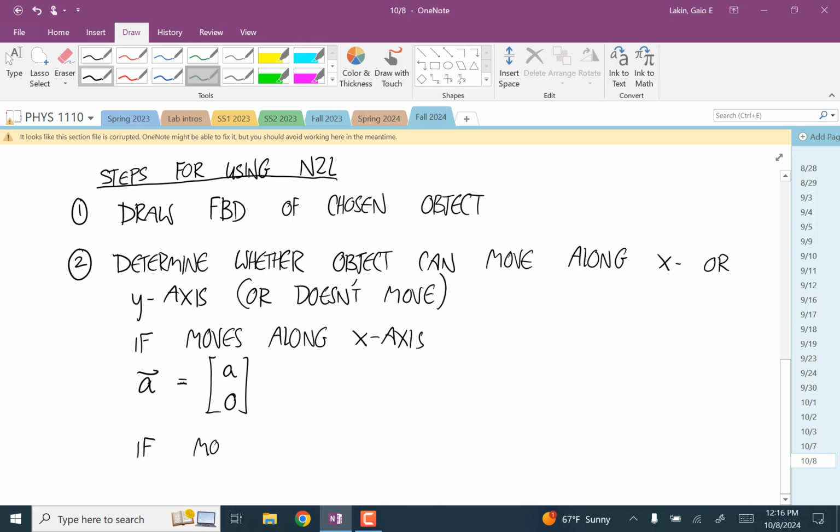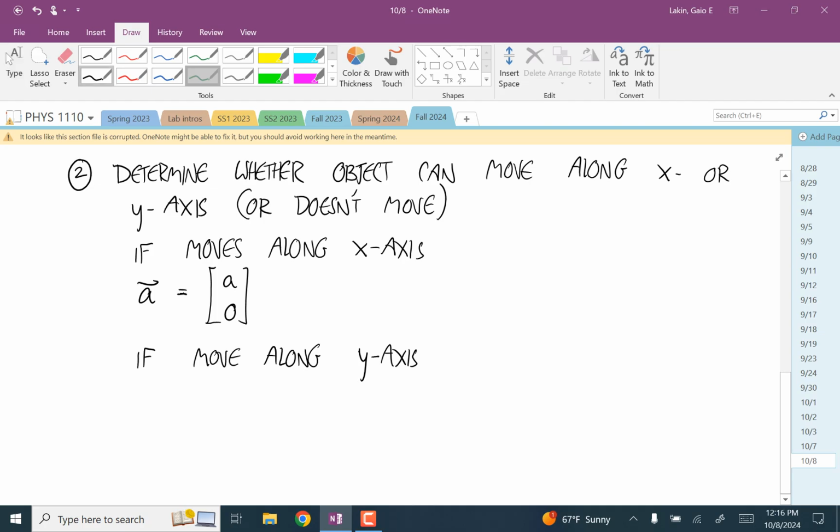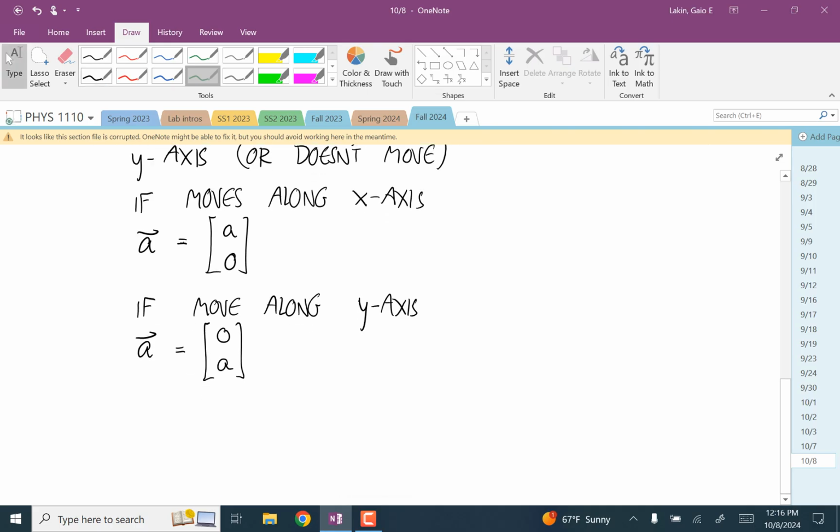If it's free to move along the y-axis, then your acceleration vector is (0, a). And if it's fixed, then there's no acceleration.